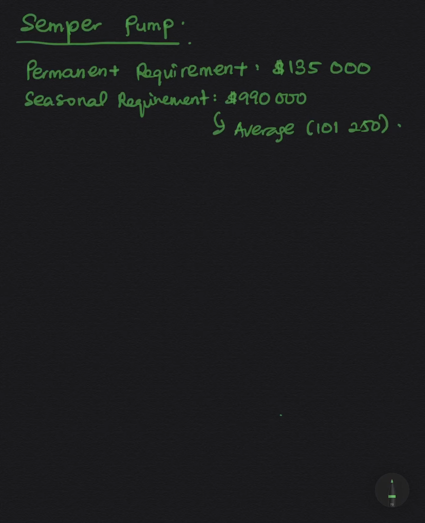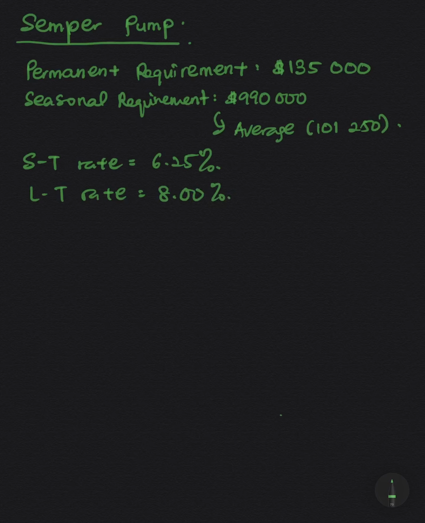And then for the interest rate for short term funds, the short term rate is 6.25%, and the long term rate is 8%. So remember, short term rate will always be cheaper in this context.